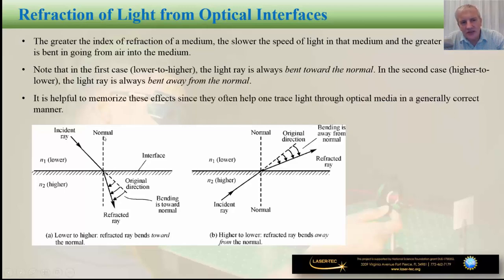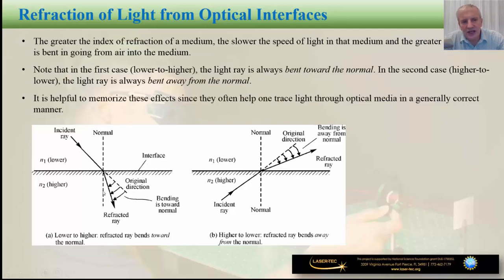You can see here that we established the reference line similar to how we established it in the case of light reflection. So again, you have the surface between the two media, and then you construct this line that's perpendicular to the boundary surface between the two media.